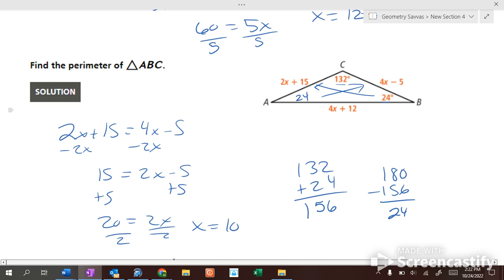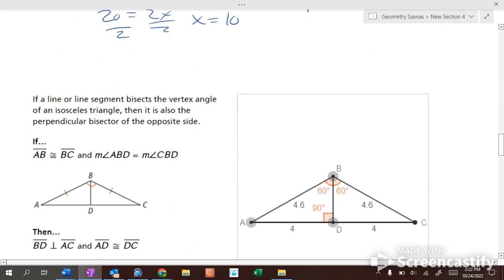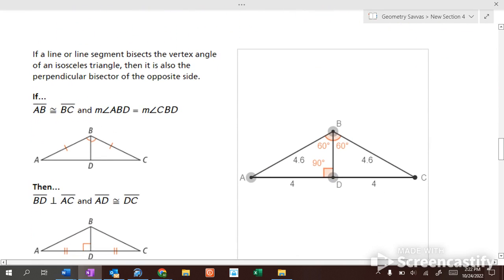So 2 times 10 is 20 plus 15 is 35. 4 times 10 is 40 minus 5 is 35. 4 times 10 is 40 plus 12 is 52. 35 and 35 make 70 plus 52 is 122, which is the perimeter. Okay. All right.